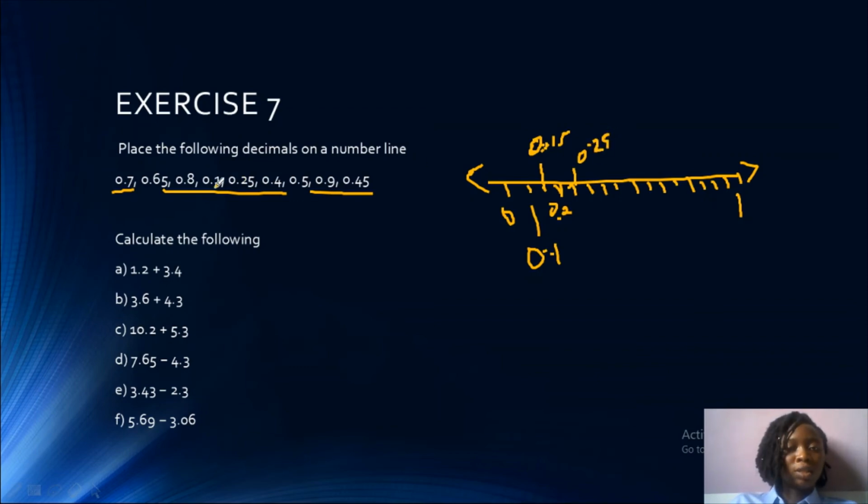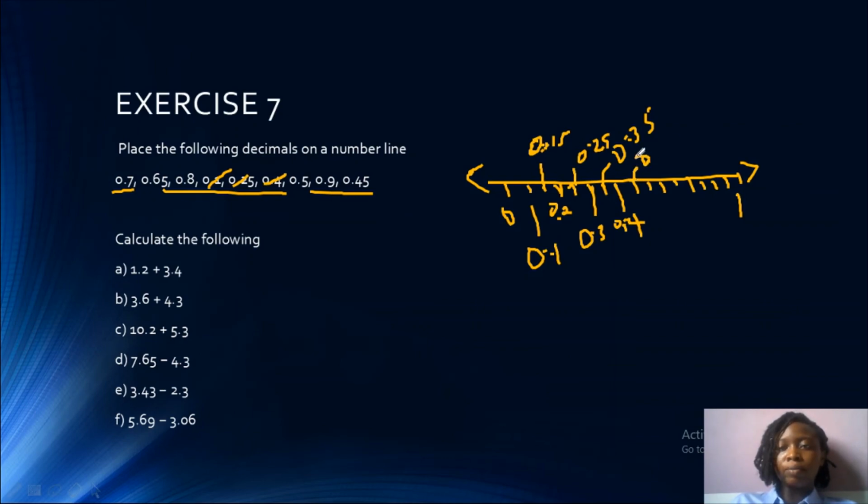So I've done this check. I've done this check. So what's next? So let's keep on going. So 0.3 here. Next one here is 0.35. Next is 0.4. So 0.4 is here. Check.